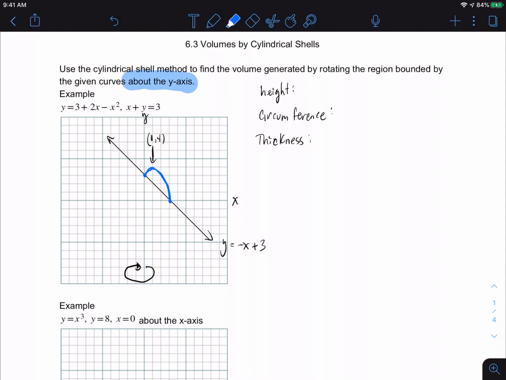When I go to do my cross-sectional slice, like I said with the cylindrical method, it's going to be parallel. So is it going to be a vertical or a horizontal slice? What do you guys think? Parallel to the axis of rotation.